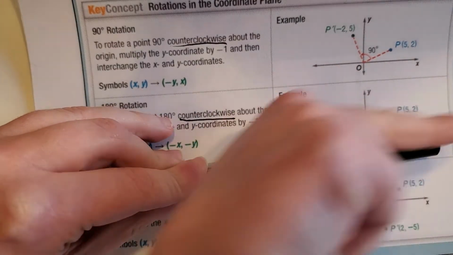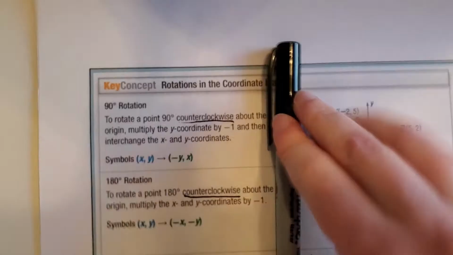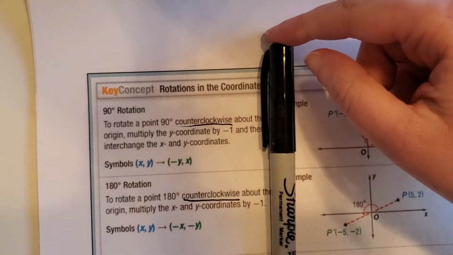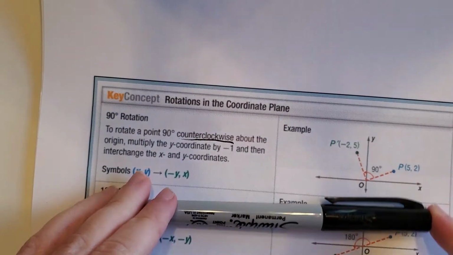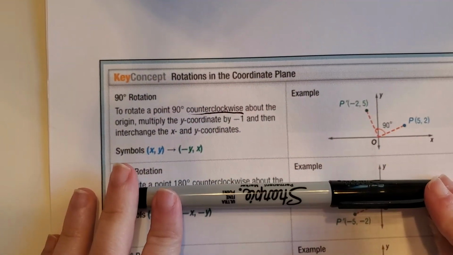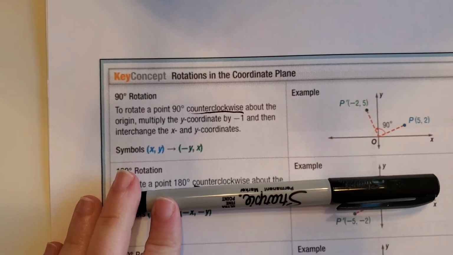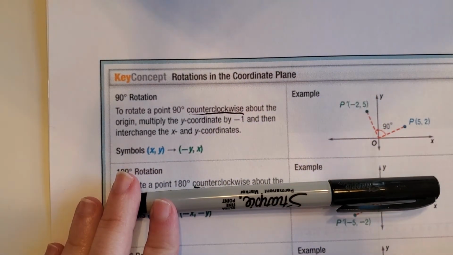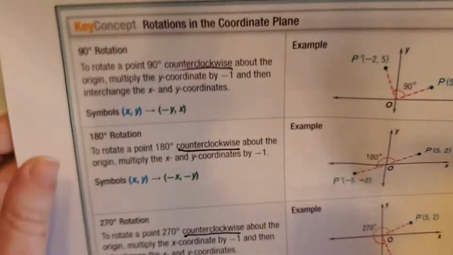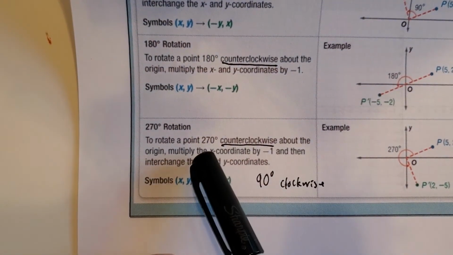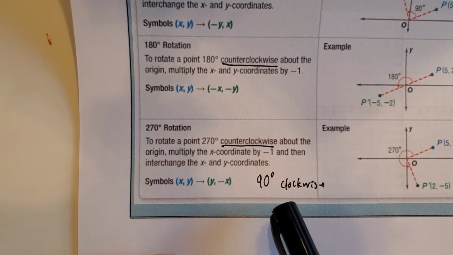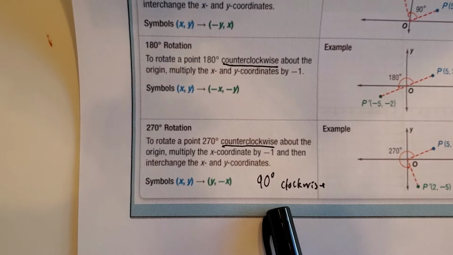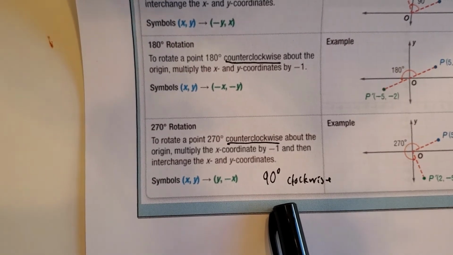If I went back to my original setup and went 90 degrees clockwise, I would end up in exactly the same place. So the rule for 270 degrees counterclockwise puts you in the same place as 90 degrees clockwise.